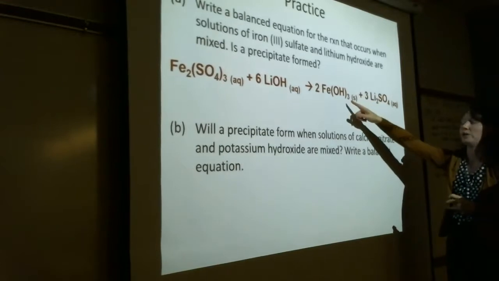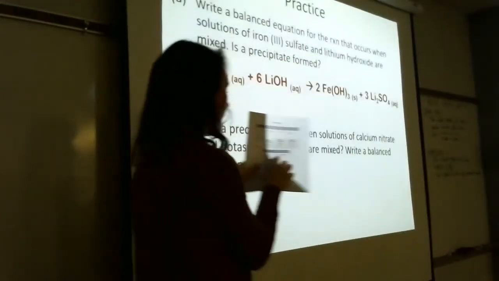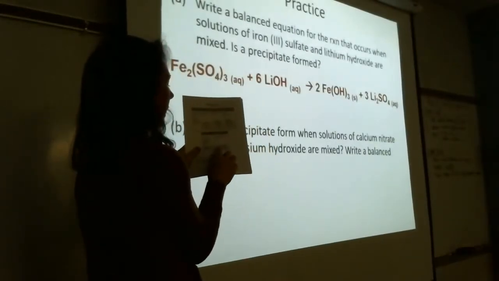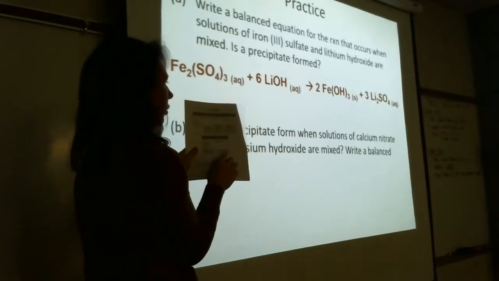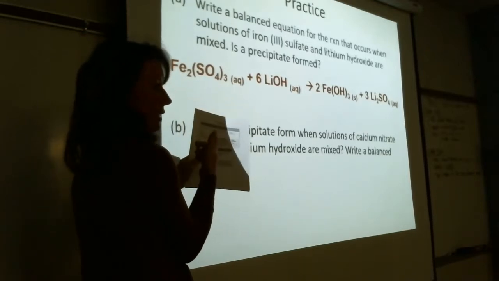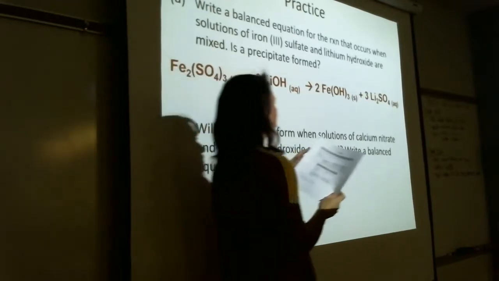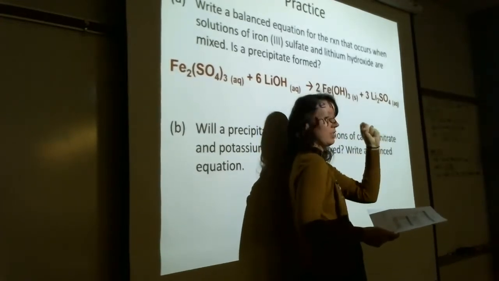So if you look up hydroxides, hydroxide is listed under insoluble compounds. Most metal hydroxides and oxides, with the exception of the alkali metals, so that's group 1, barium hydroxide, strontium hydroxide. Iron 3 is not one of the exceptions, so it is insoluble. If it's insoluble, that means it's a precipitate, so that sits on the bottom of your beaker as a solid, right?